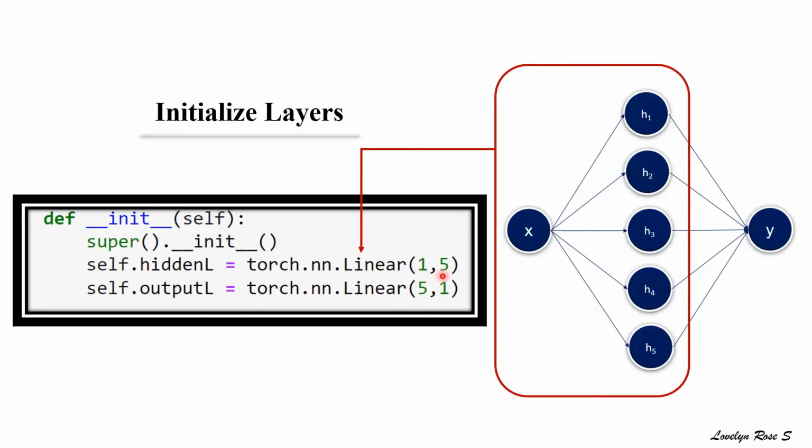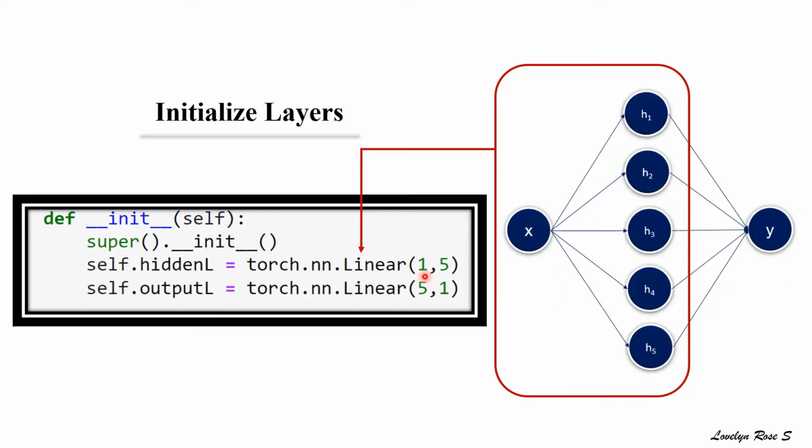The number of nodes is given as 5, so I'm going to create a hidden layer with 5 nodes. This takes input from the input layer, and in the input layer, I have only 1 node. So I have given that it is a linear layer with dimension 1, 5. That is one input going to 5 nodes in the hidden layer.